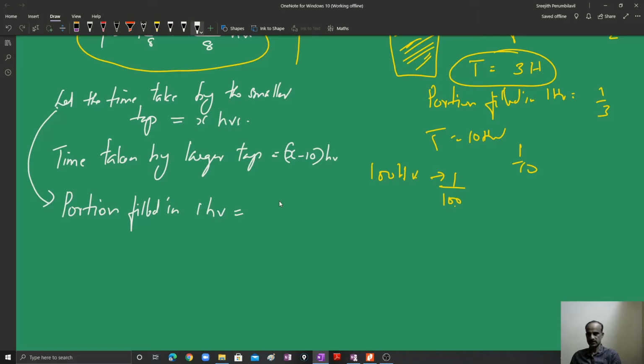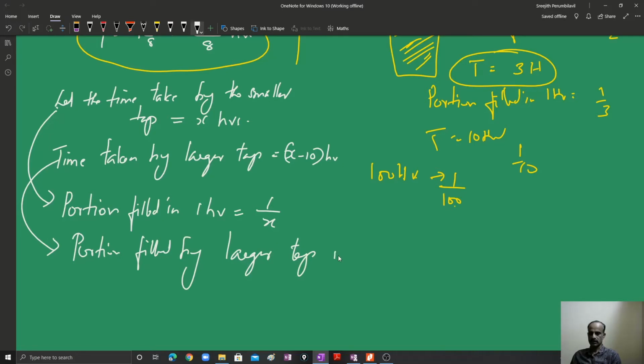It takes x hours, portion filled is 1 by x of the tank. The larger tap takes x minus 10 hours, so the portion filled by the larger tap in 1 hour is 1 by x minus 10.